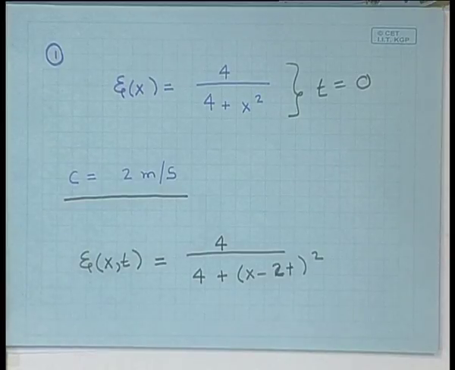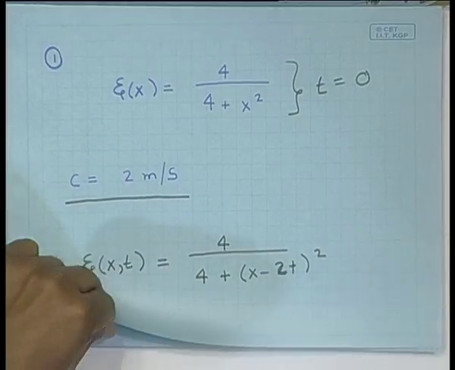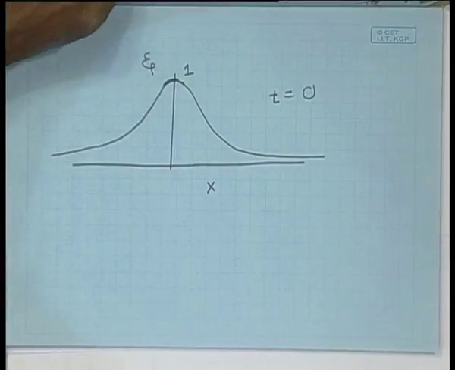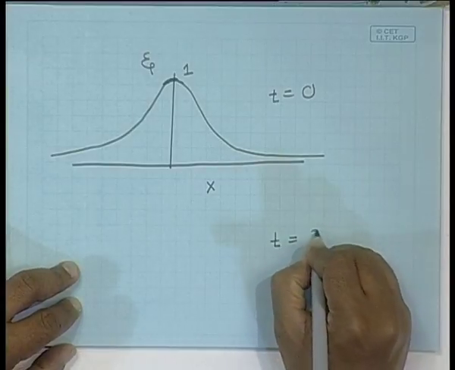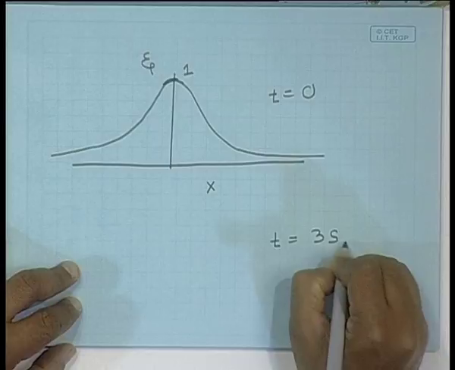Finally, the third part of the problem is that we have been asked to draw the displacement. This is at t equal to 0, we have been asked to draw the displacement at t equal to 3 seconds.